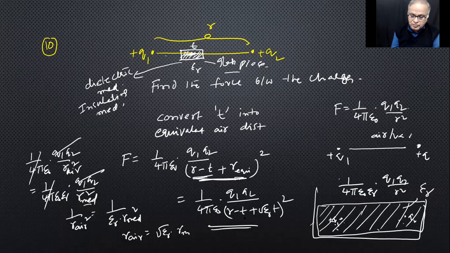If T equals R, it will go back to our original formula. T equals R, for example, what do you get? 1 by 4 pi epsilon 0 epsilon R Q1 Q2 by R square. If R equals T, that means the whole space is filled with the medium, then you'll get the old formula.